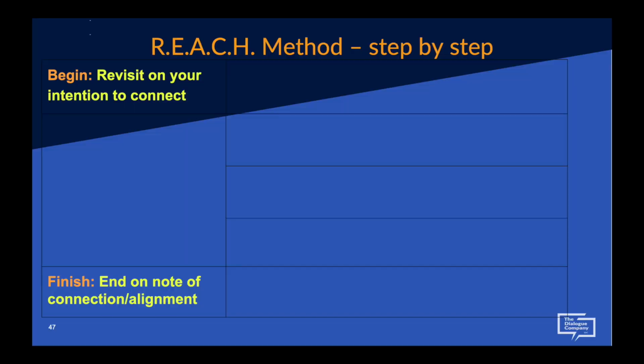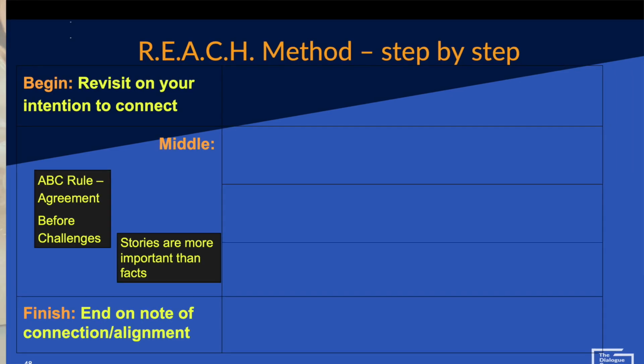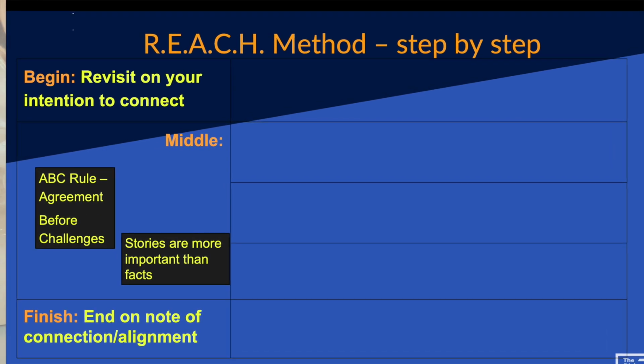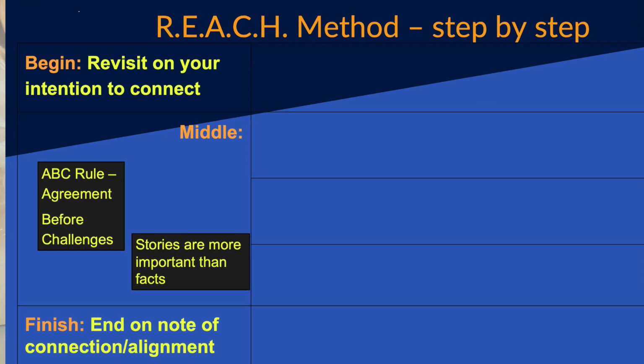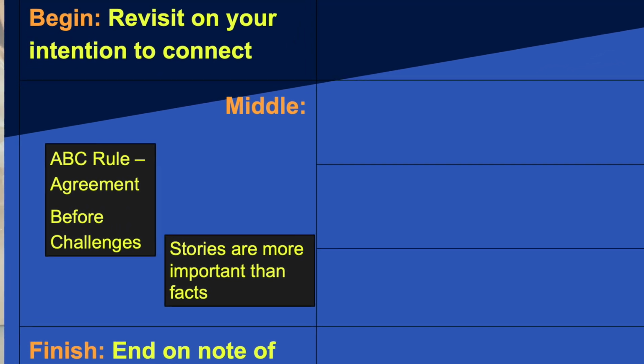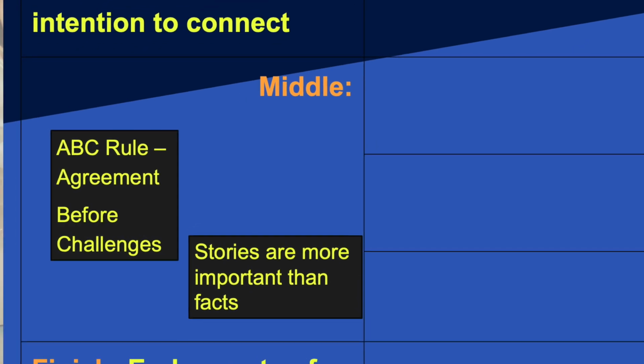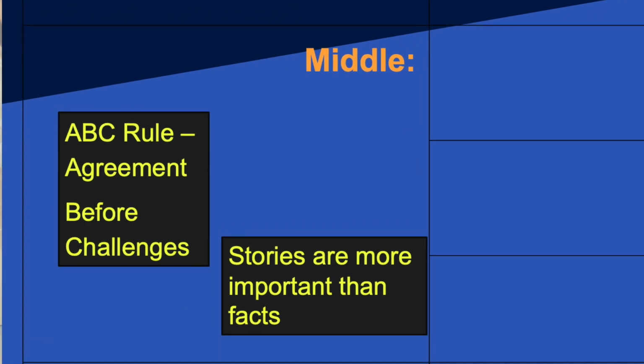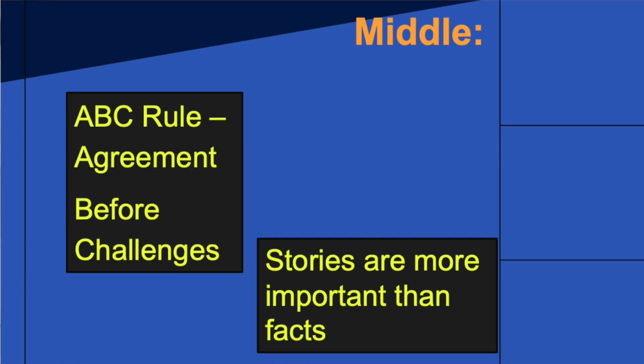In the middle of that, you want to make sure the conversation is based on stories, both from you and from them, and you're trying to generate a sense of agreement in your conversation because you're going to challenge them before the conversational exchange is over.